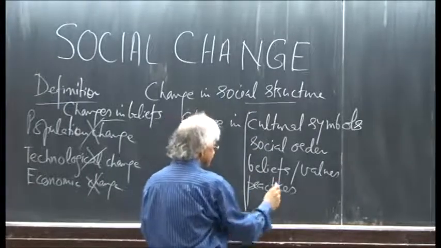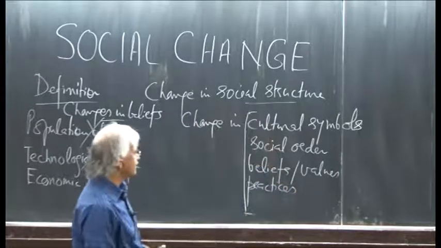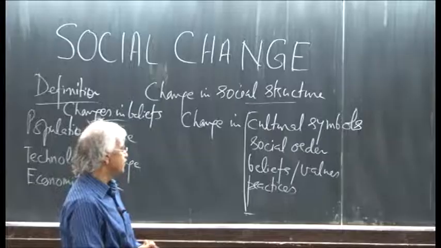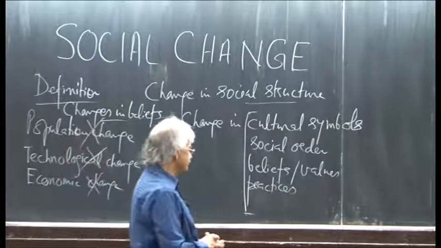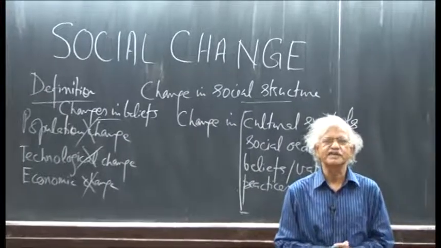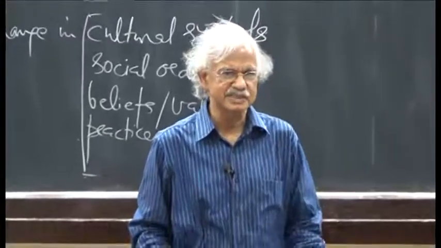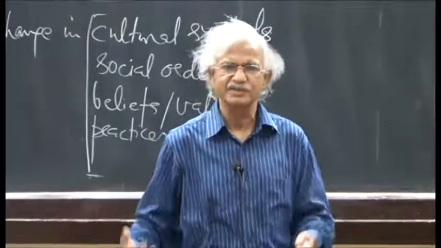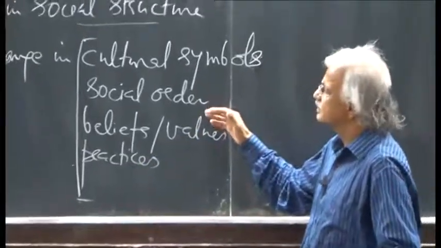In the whole gamut of these things, change in cultural symbols, change in social order, change in beliefs and values, and change in social practices, everything is part of social change. So this is a more inclusive kind of definition of social change.